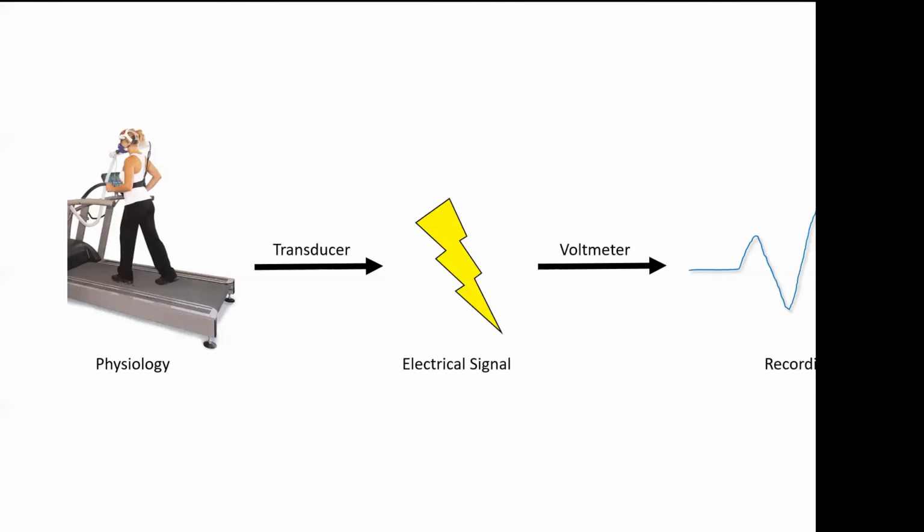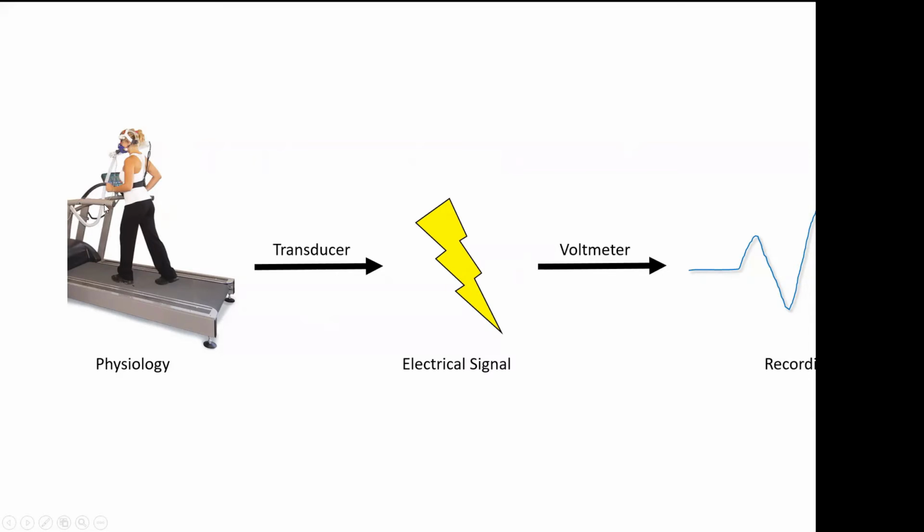So we might have some setup like this. We'll have, say, a person walking on a treadmill. In this case, we're measuring their breath. We could also measure pulse. We could also measure all sorts of different things. So we have actual things happening in the body. And we can see that this person is hooked up to various machinery. This is because we can see this device strapped to their head.